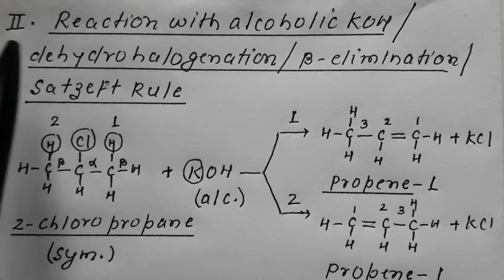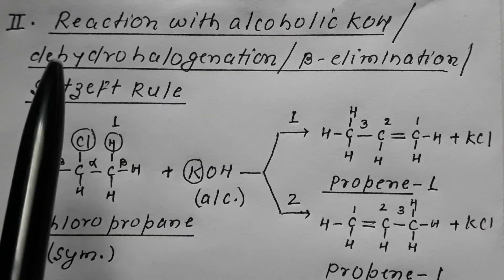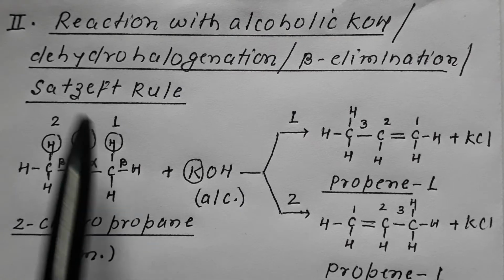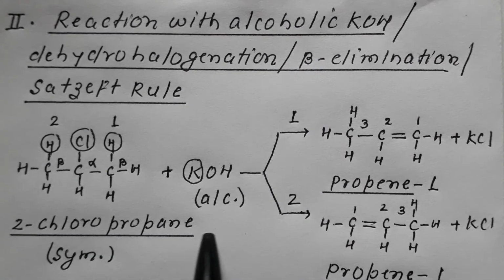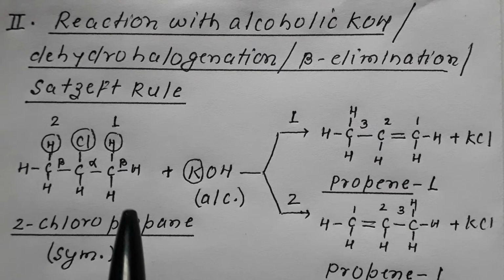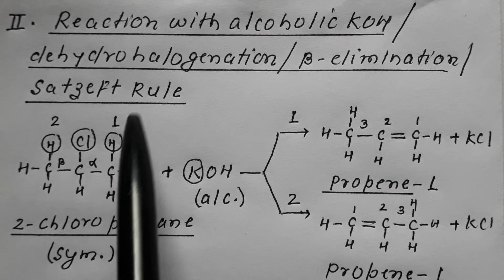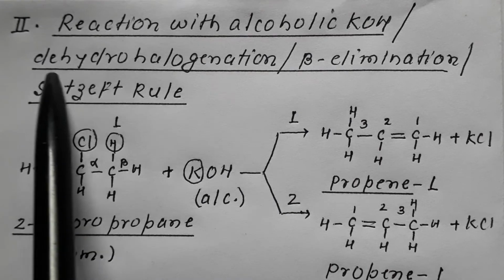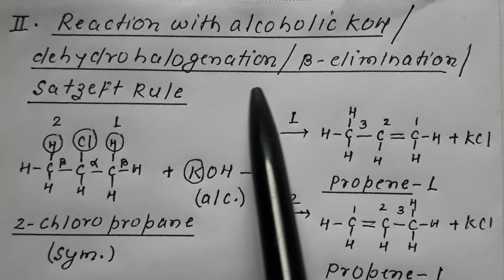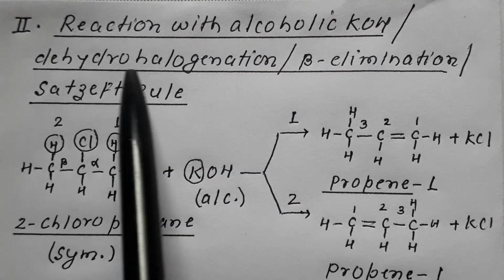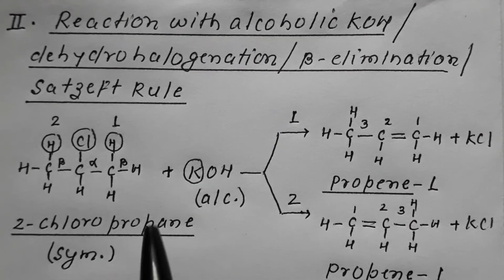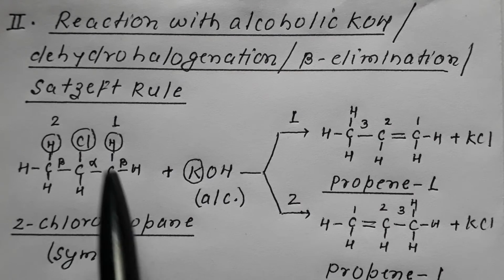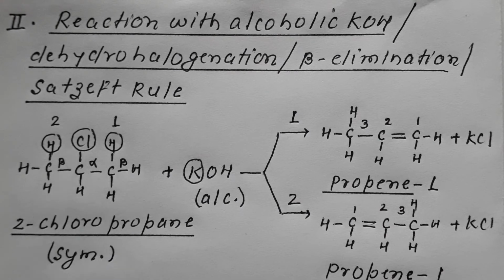Now, let us consider the name first. In this reaction, alcoholic KOH is taking part, therefore it is termed as reaction with alcoholic KOH. Since hydrogen and halo are both getting eliminated, it is called dehydrohalogenation.